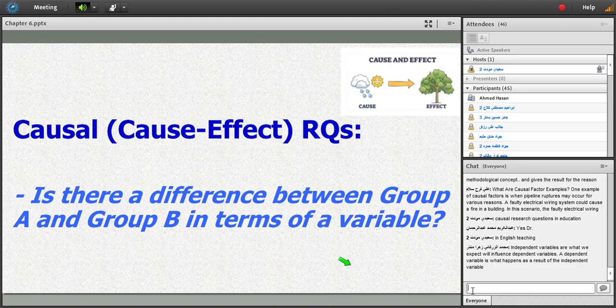The model would be like this: is there a difference, or is there any significant difference, between group A and group B in terms of a variable? This variable is mostly, let's say, the independent variable. We want to check the difference between group A and group B in terms of that particular variable. Sometimes it is the dependent.